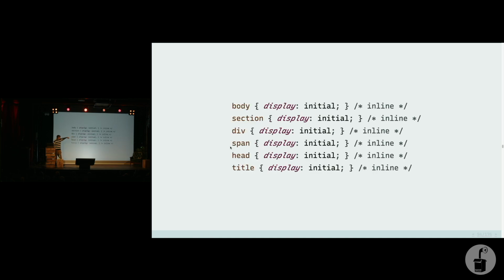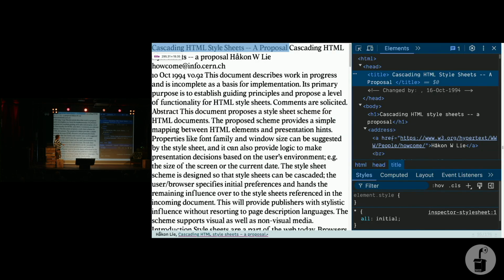Display inline. So if we set all of these elements back to their initial display, we don't get inline for spans and block for some other things. Everything goes to inline. Everything is inline. At the beginning of a web project, everything is inline before browsers add styles. Even things that we think of as hidden, like the head and the title element, those become inline if we set everything to initial.